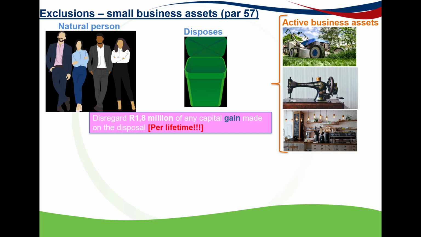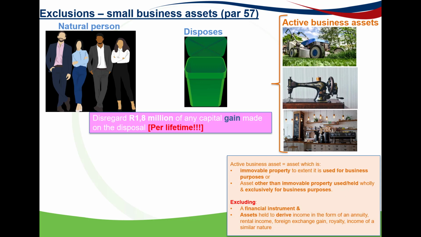It is important to note that the exclusion is granted per lifetime. So that 1.8 million is granted per lifetime. So if a person has more than one small business, the requirements of the exclusion will apply to all of those businesses in aggregate.